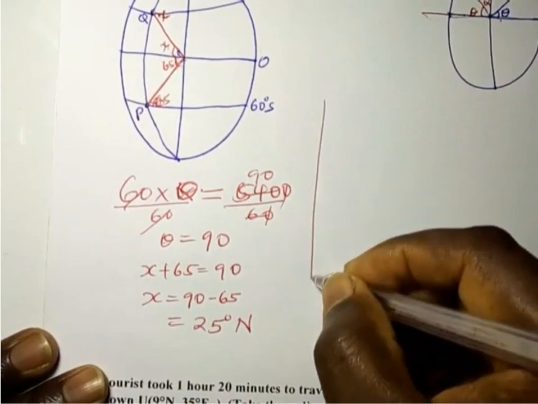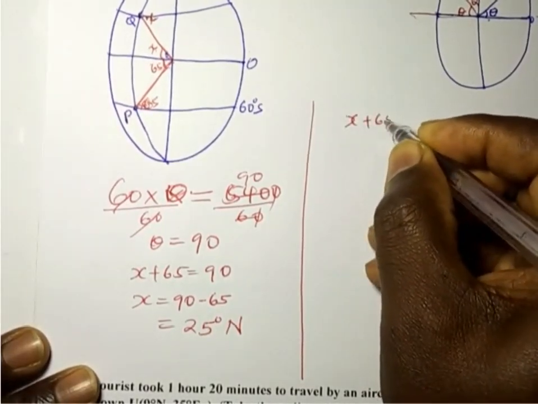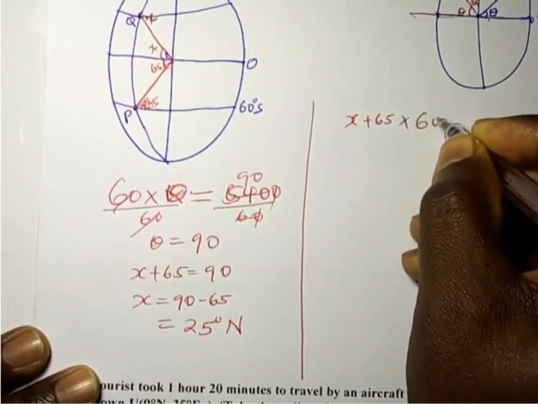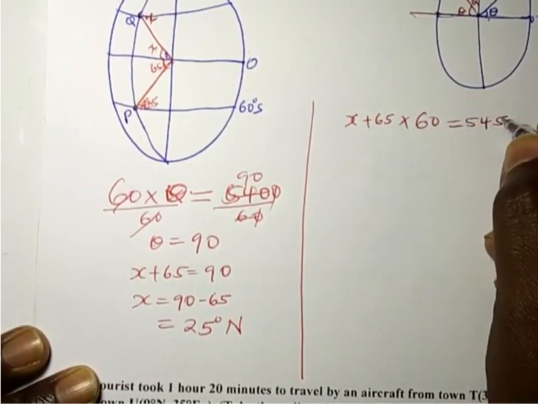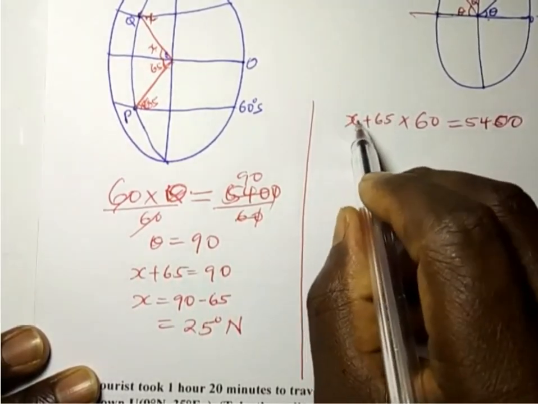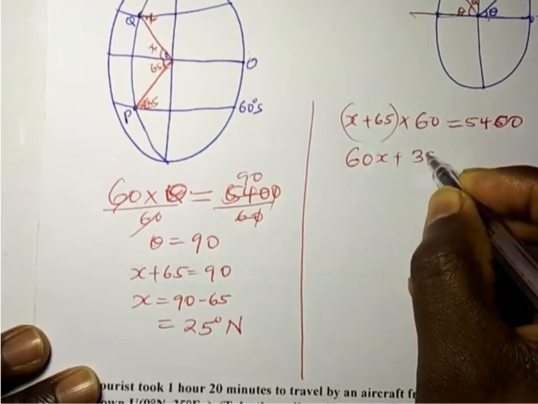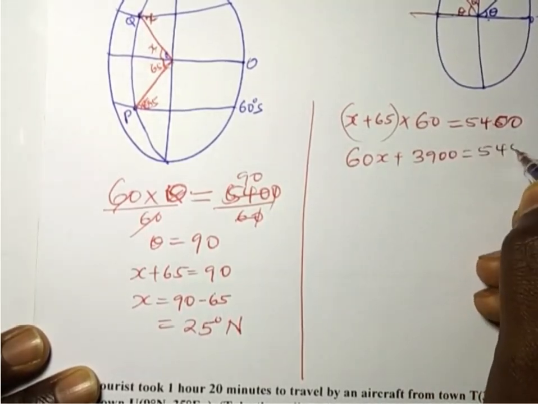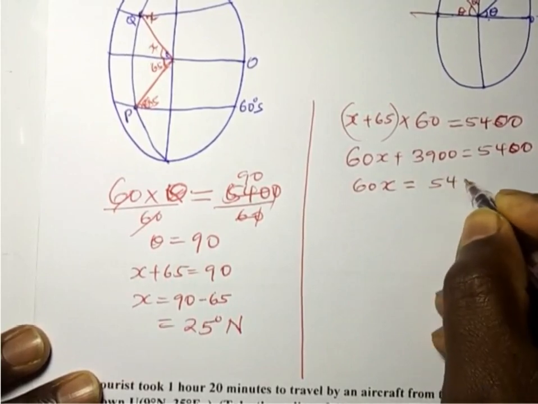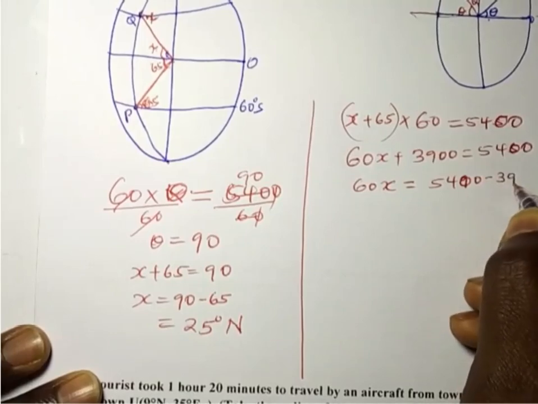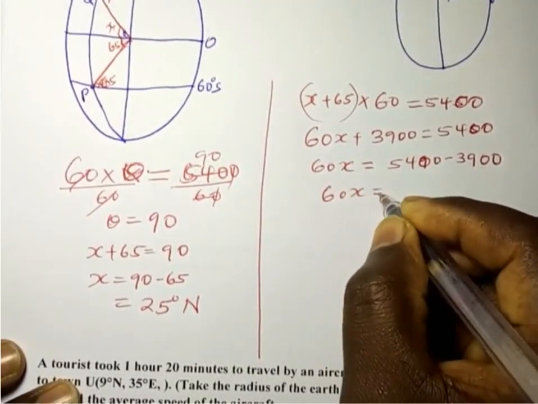You can also do it this way. We know that X plus 65, times 60, because this is the angle difference, will be 5400. So we multiply: 60x plus 3900 equals 5400. 60x will be 5400 minus 3900, so 60x is 1500.